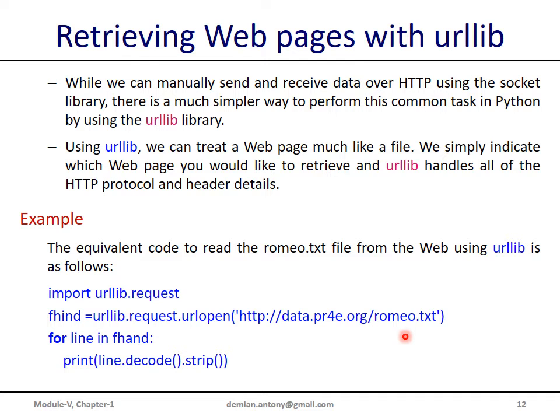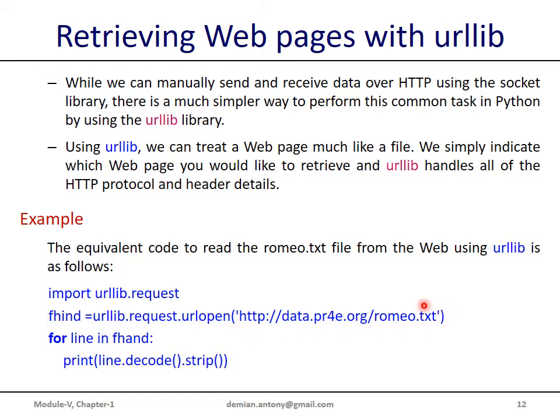urllib takes care of all of these things, and urlopen will return the actual resource contents present at the remote site with the name romeo.txt. This is a remote site and this is the resource at a remote site.